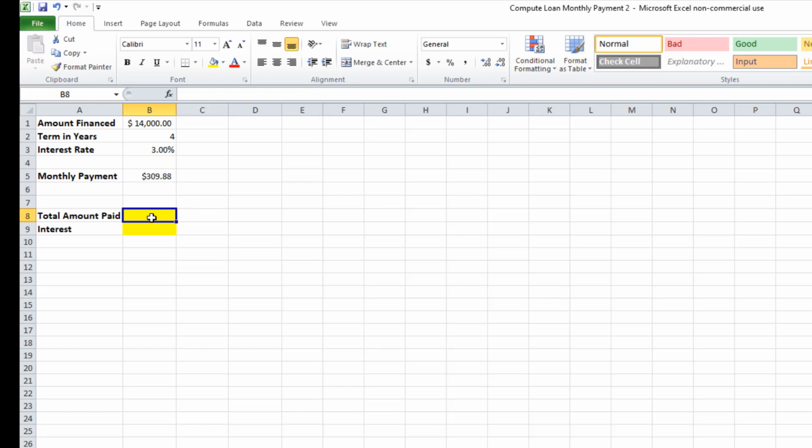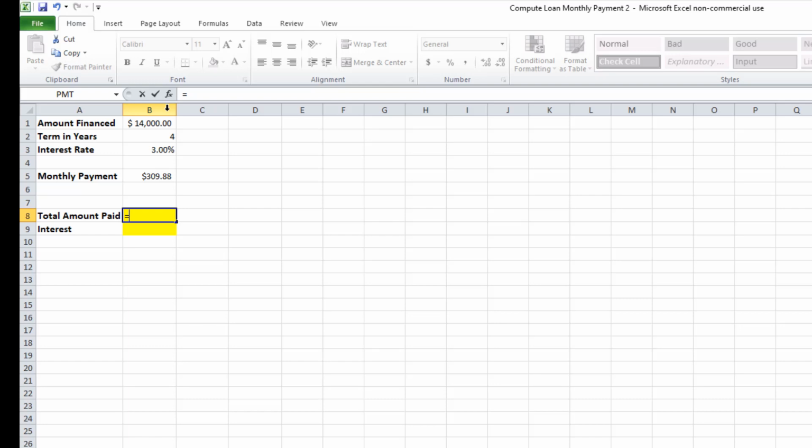Now, let's say I want the total amount paid. I'm paying the monthly payment 4 times 12, that's 48 payments of $309.88. So the way I set this up, I put equals here. It's 4 times 12 times that amount. Let's use the references.